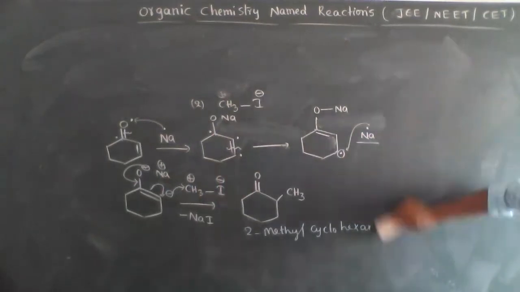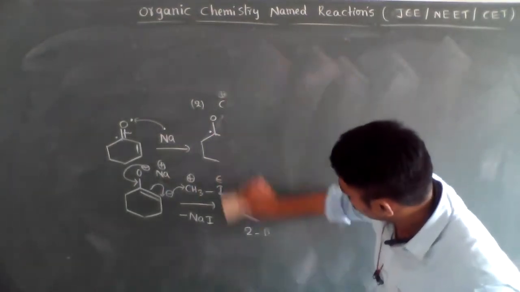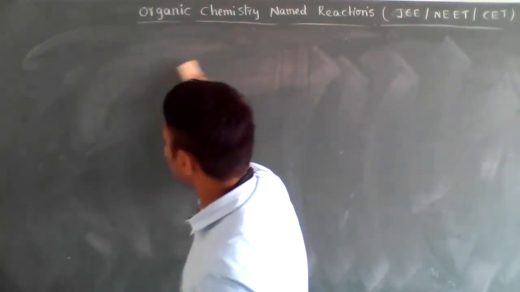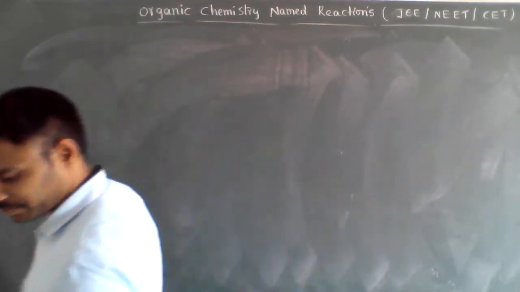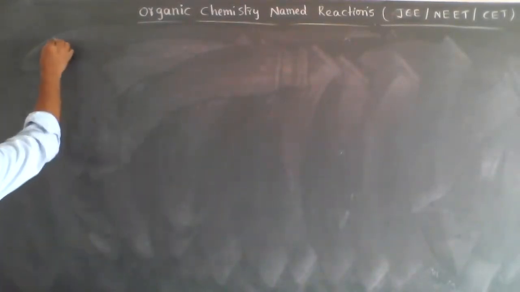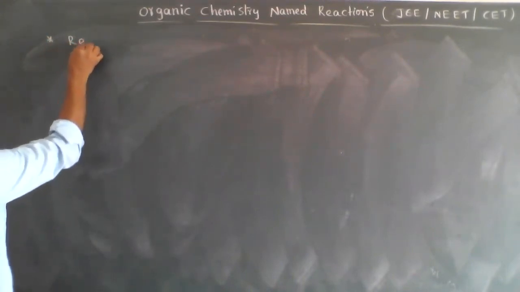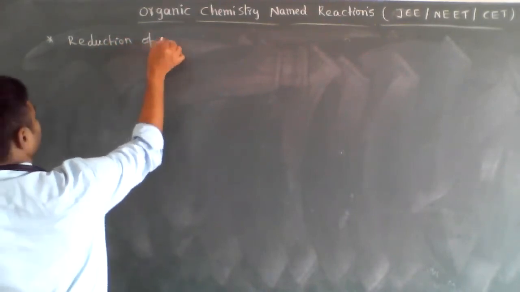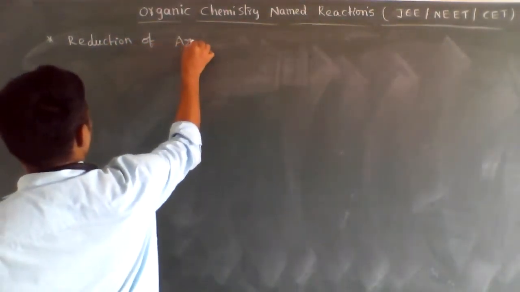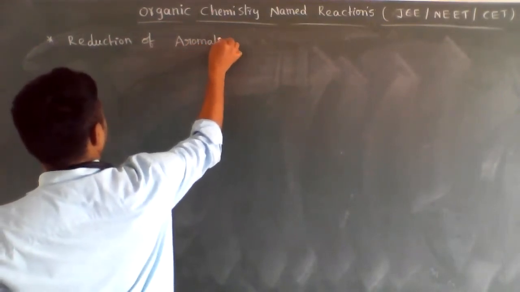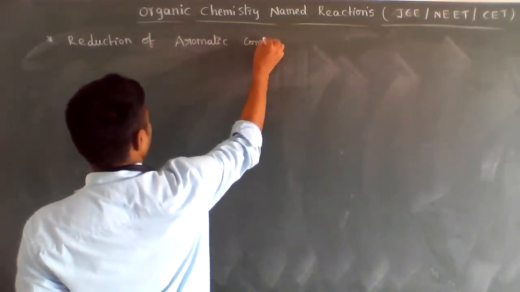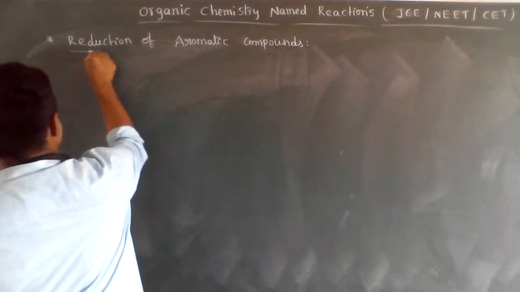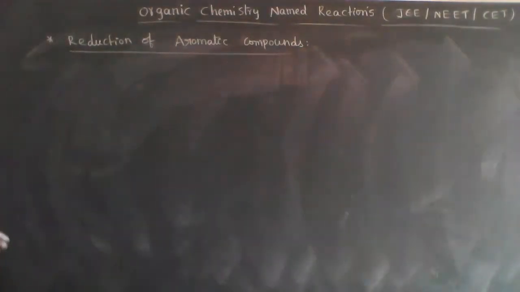Let's see. Next, an important application of Birch reduction with sodium and liquid ammonia: reduction of aromatic compounds.